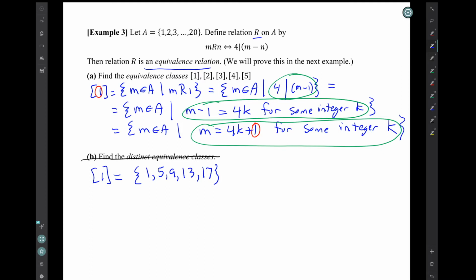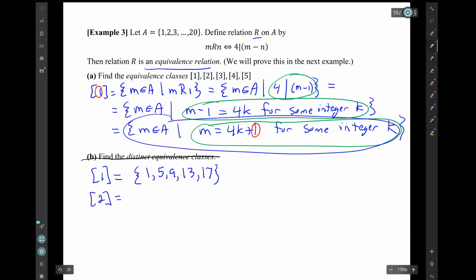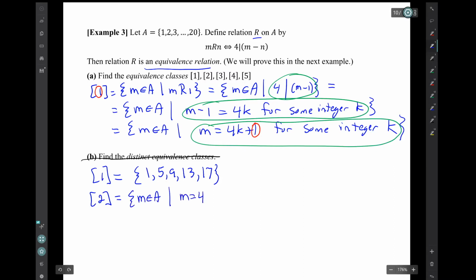Now what about the equivalence class of 2? Well, it's going to be described the same way using a description like that. The only difference is that there's a 2 there instead of a 1 in the previous description.